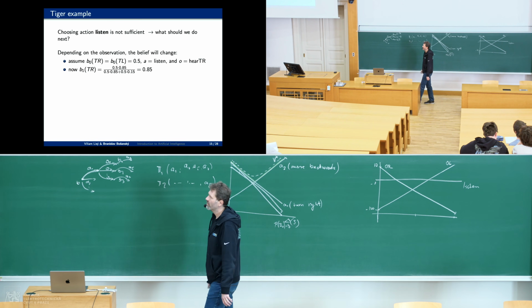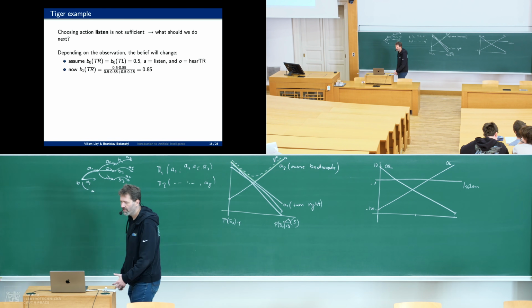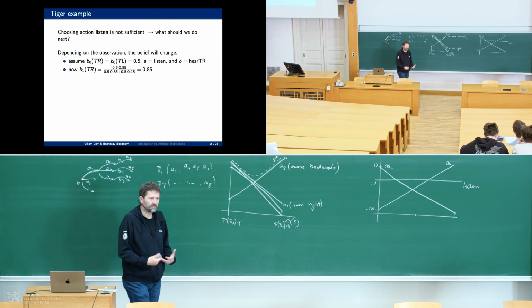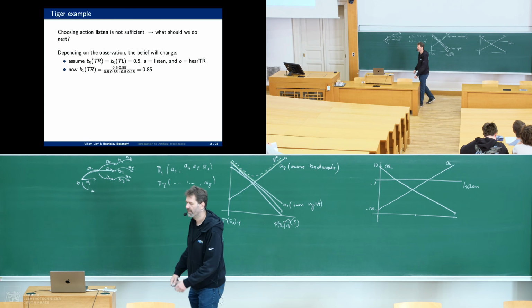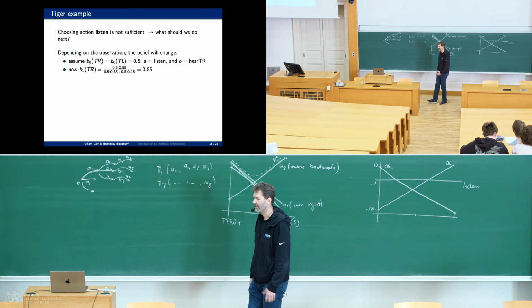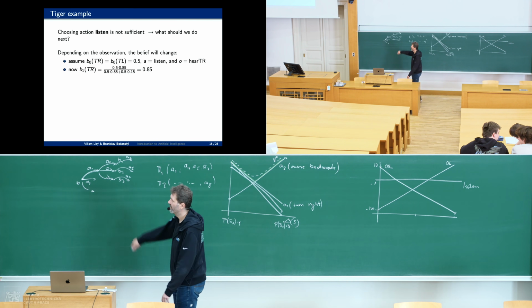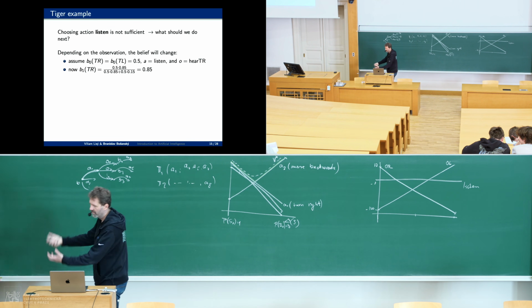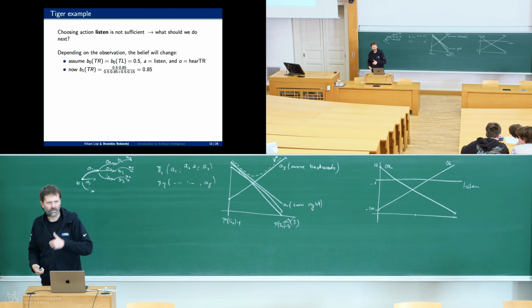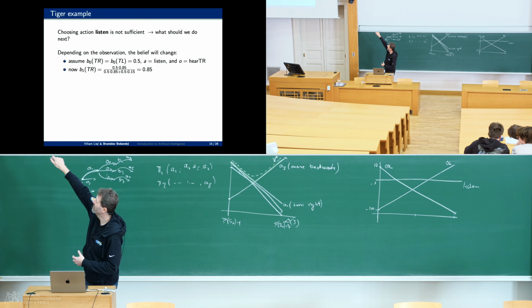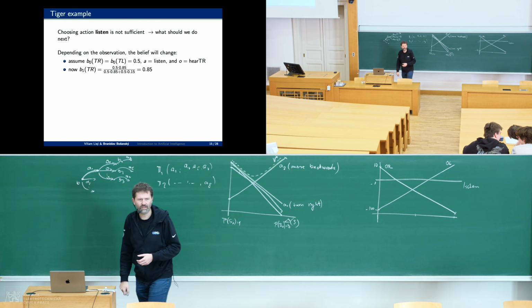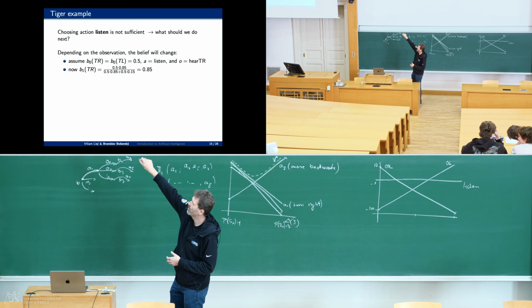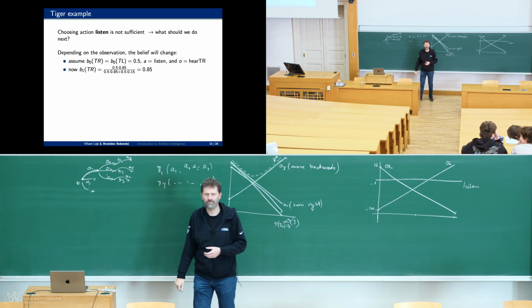But we need to take into consideration that there can be an error in the observation, and with 15% there is a chance that the tiger is actually on the left. So this way we can compute the new belief. After listening once, if we hear that the tiger is on the right side, our belief changed from 50-50 to 0.85, 0.15.